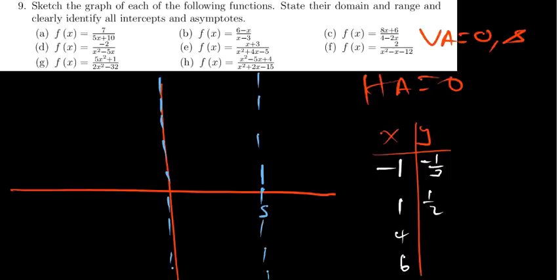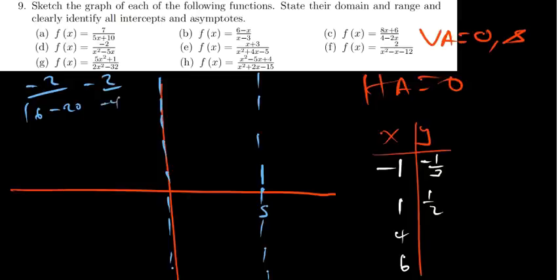Now if I want, I can even plug in 4. If I put 4 where there is x here, it is going to be 4 squared, which is 16. So I'm going to have negative 2 over 16 minus 4 times 5, which is 20. 16 minus 20 is going to give me negative 4.